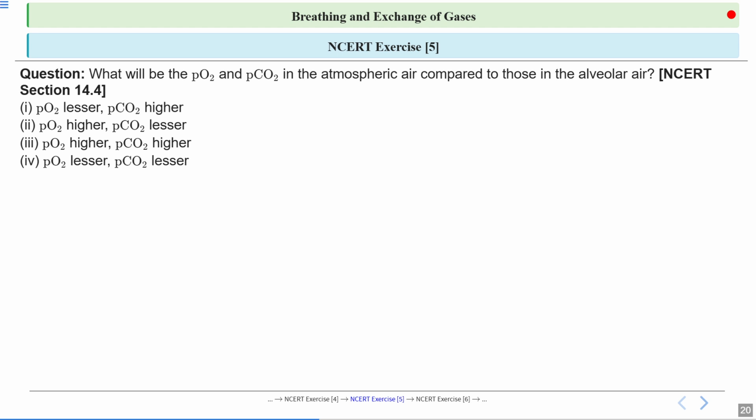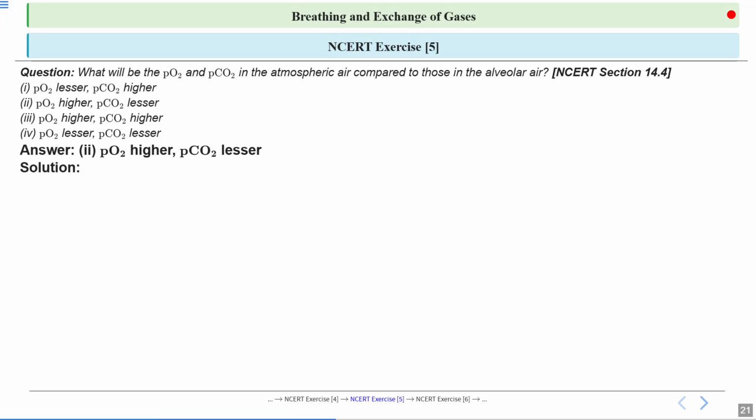Okay, let us see the answer. The second one is correct. Partial pressure of oxygen is higher in the alveolar region. See the question, alveolar region, and partial pressure of carbon dioxide is lesser.